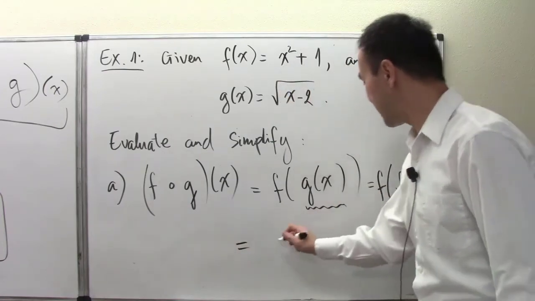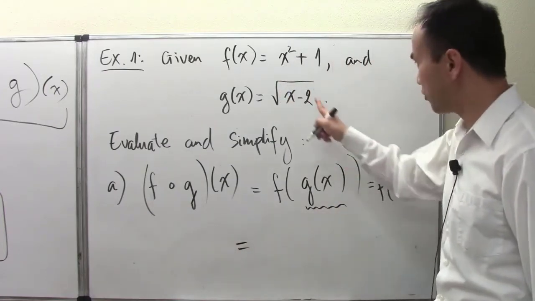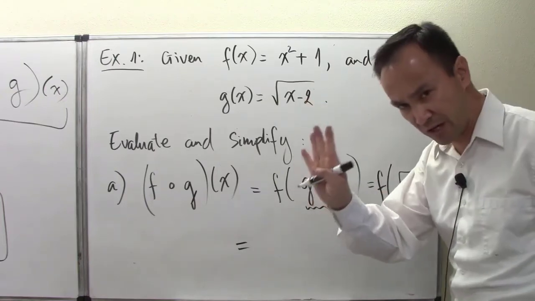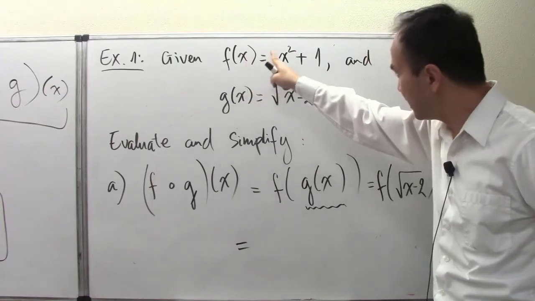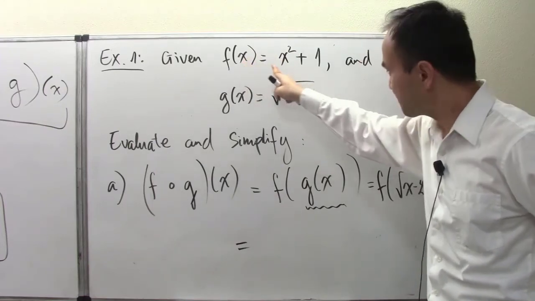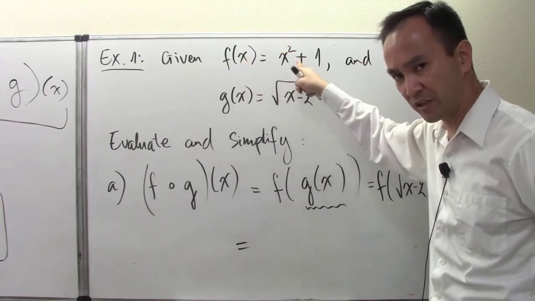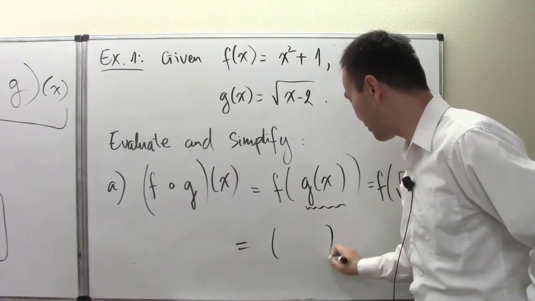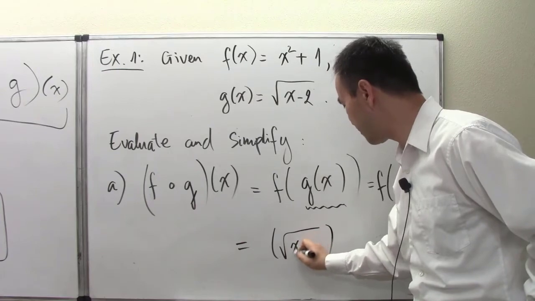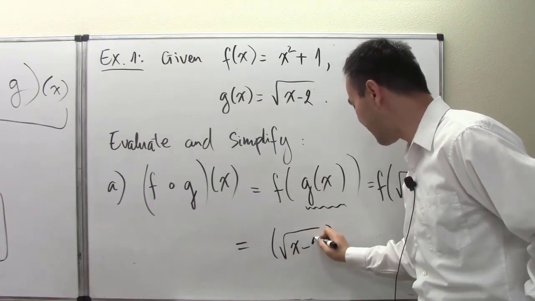So now mainly the function that we need to worry about, the rule says, it's the function f here, the rule says for every input, we're going to square the input and plus 1. That's the rule. Currently we use inputs square root of x minus 2.